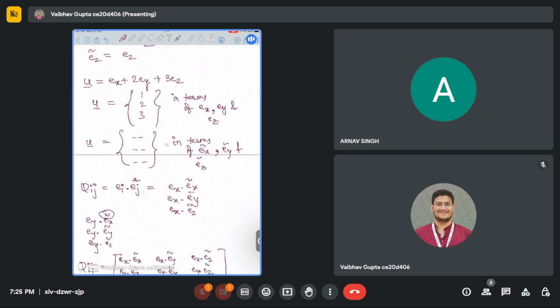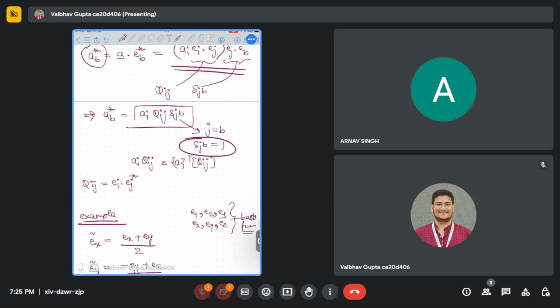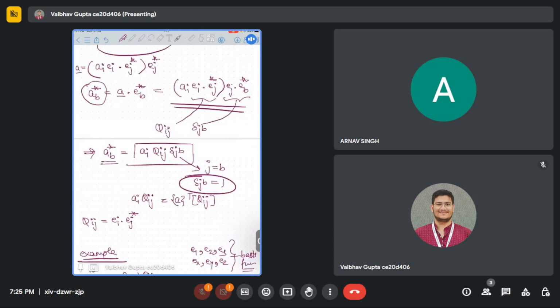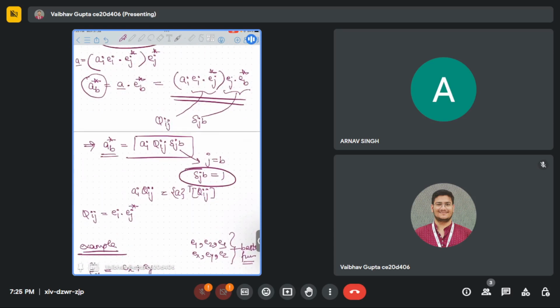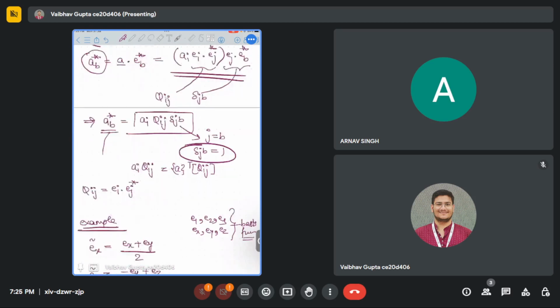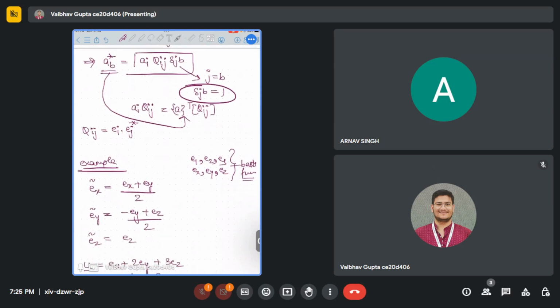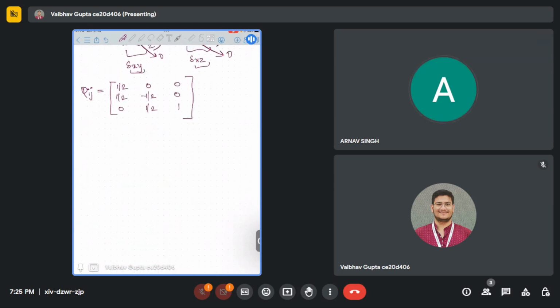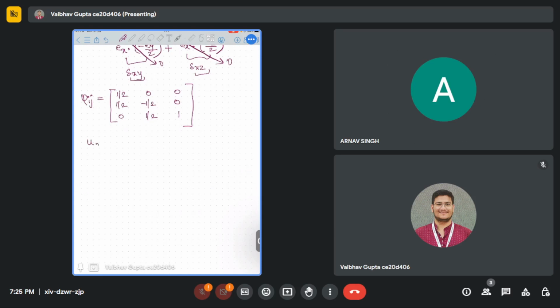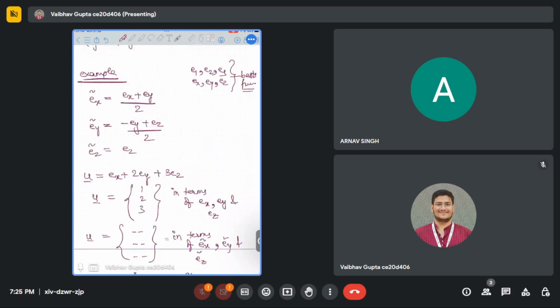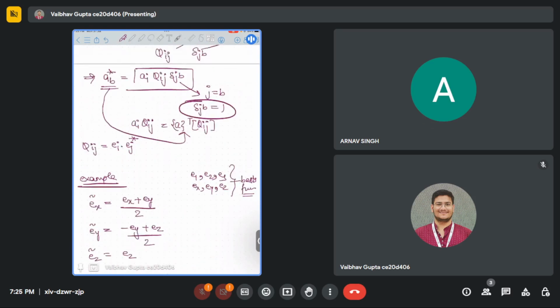Now, above I said that to find a new vector A star is nothing but A transpose Qij. So if I want to find the U x component, it is nothing but U vector transpose Qij. Here the same expression is there.